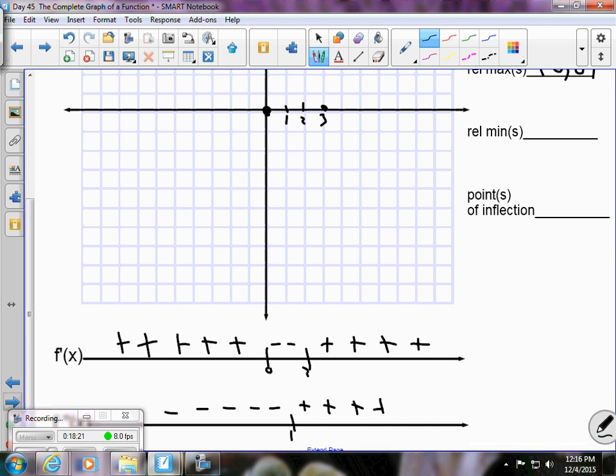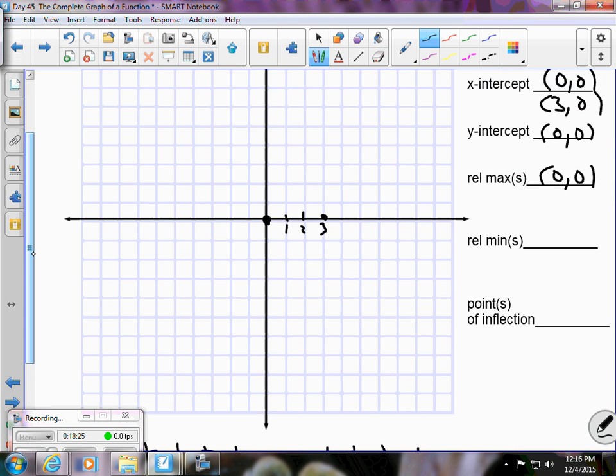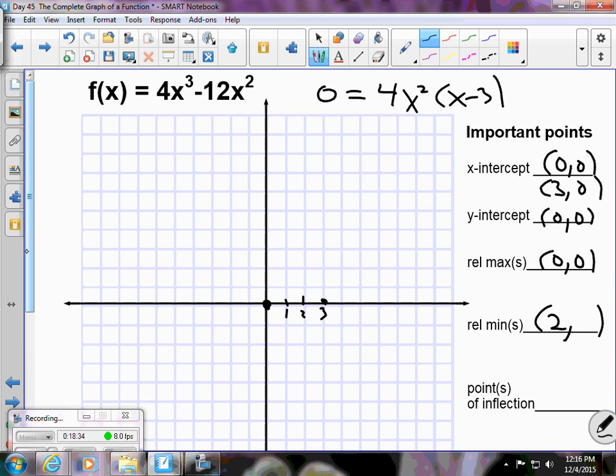Where is that? At x equals 2. So when you plug 2 into the original, what'd you get? Negative 16. Right? 4 times 2 cubed minus 12 times 2 squared.